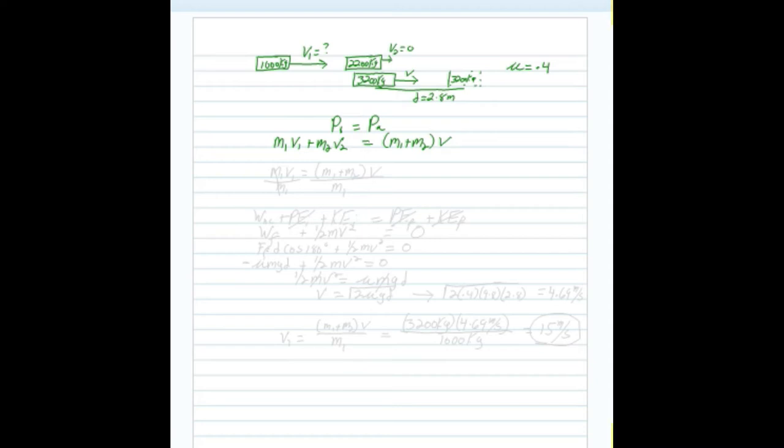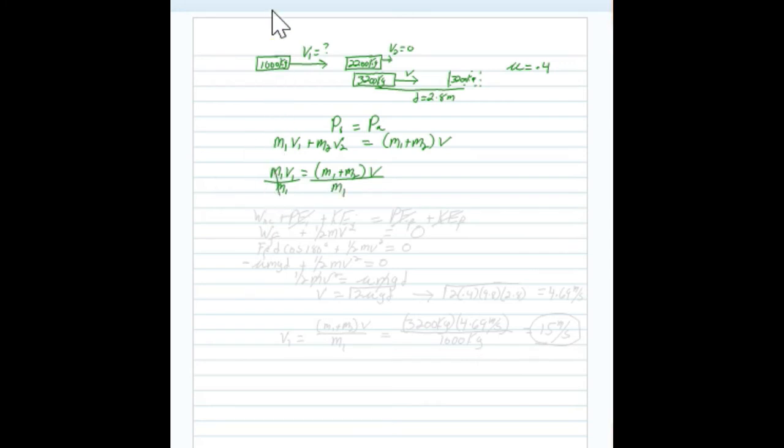Ultimately, I'm trying to find V1, which is the speed of the Toyota. So if I want to solve for V1, first of all, m2v2 is 0 because the Cadillac was at rest before the collision. So all I have is m1v1 equals m1 plus m2 times V. And then I'll solve for V1 by dividing by m1 on both sides.